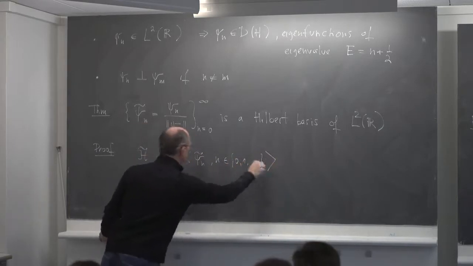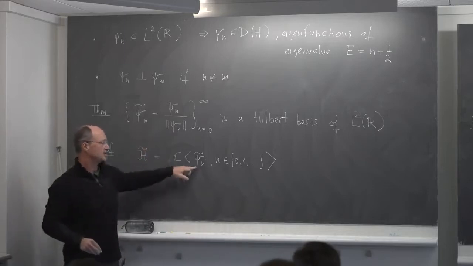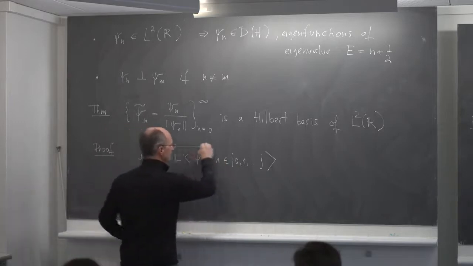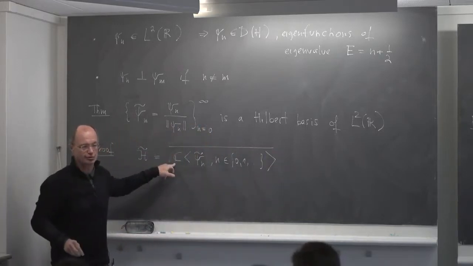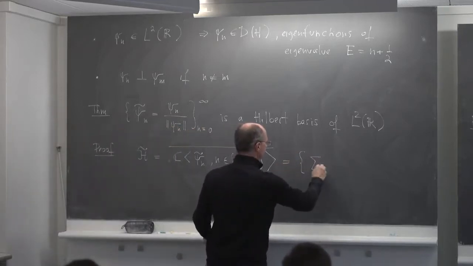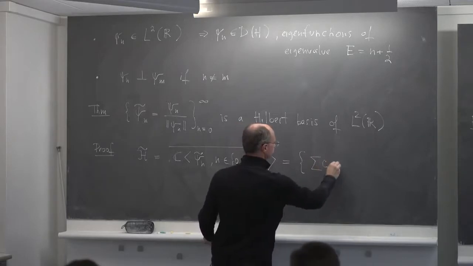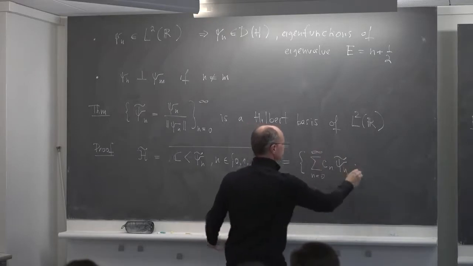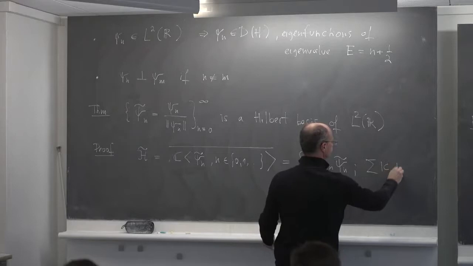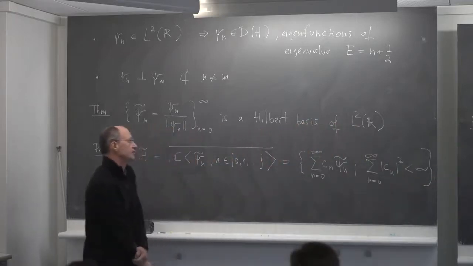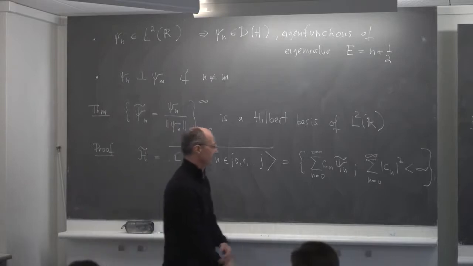I take the vector subspace of finite linear combinations of the normalized psi n's, and I take its closure in L2. Or, which is the same, I take sums of c n psi n tilde such that the sum of absolute values of squares of coefficients is smaller than infinity.